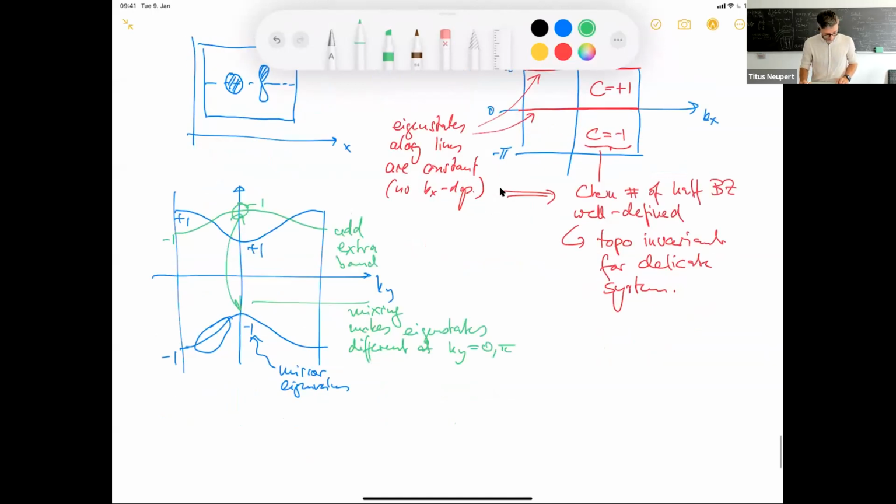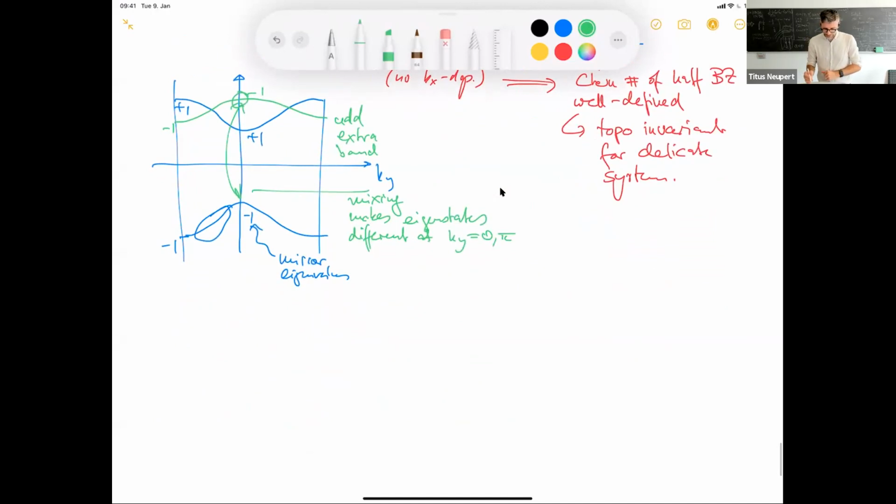So maybe let me wrap up these delicate and fragile perspectives with a Wannier state picture. On the level of the delicate, that's actually still a conjecture.